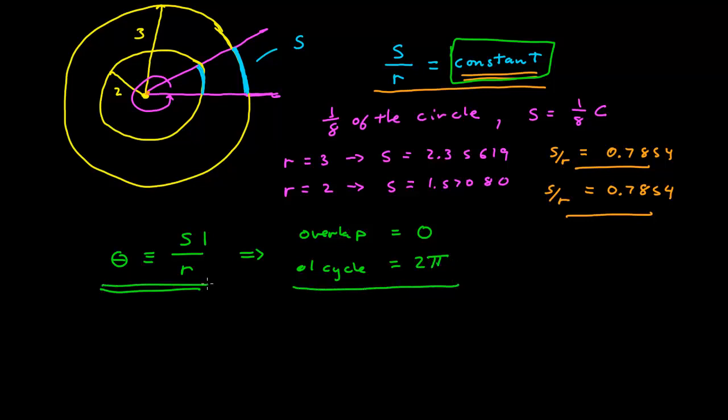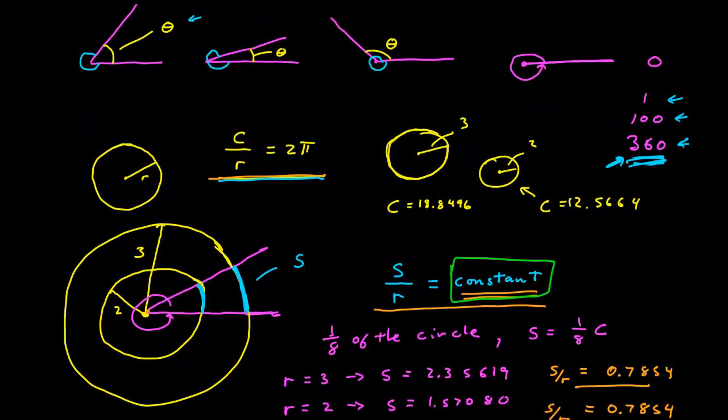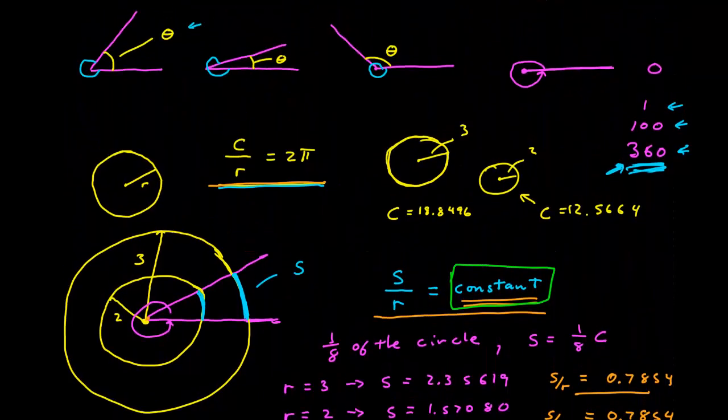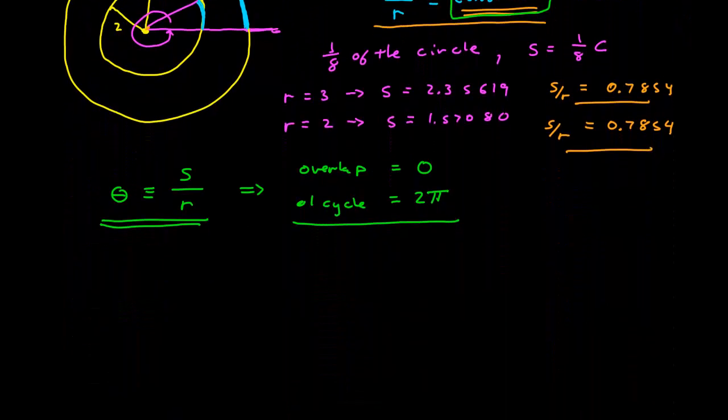Defining your angle this way gives you a definition of 2 pi for one complete revolution. But it's more useful than that because it gives you a relationship between the angle and the arc length subtended by those two lines.